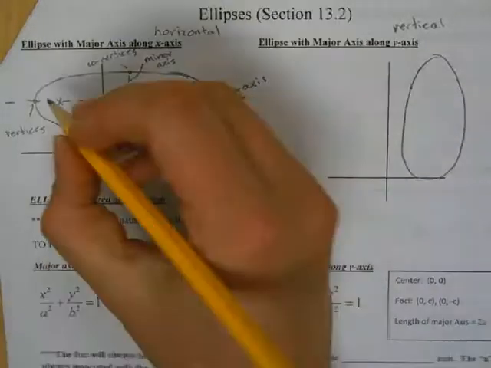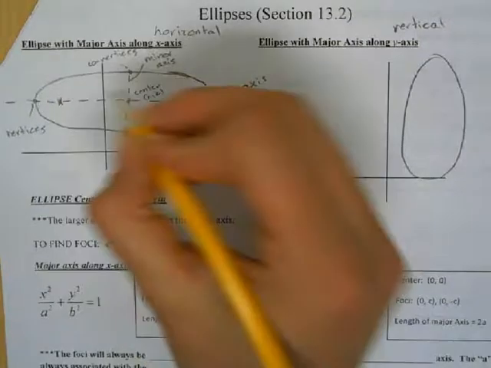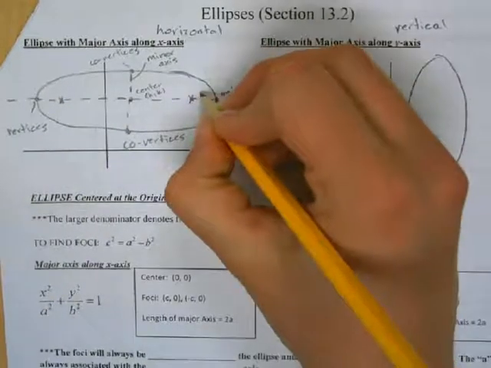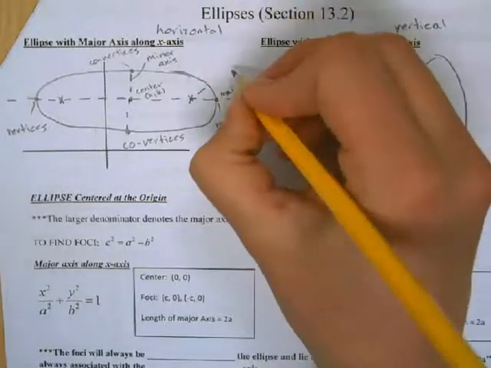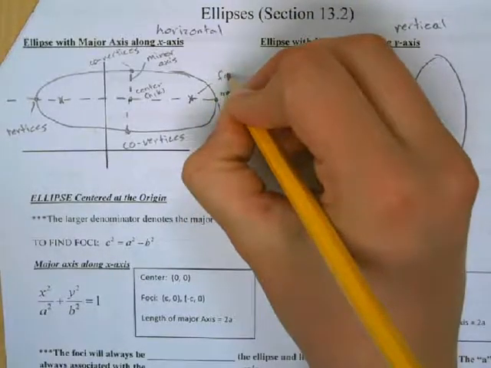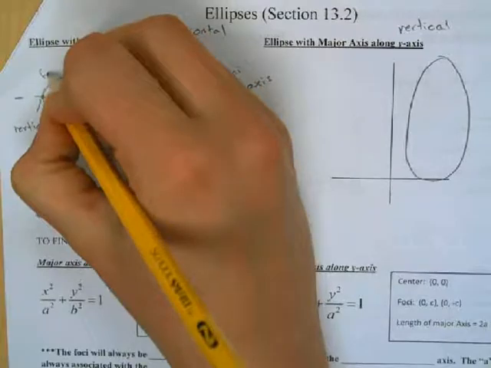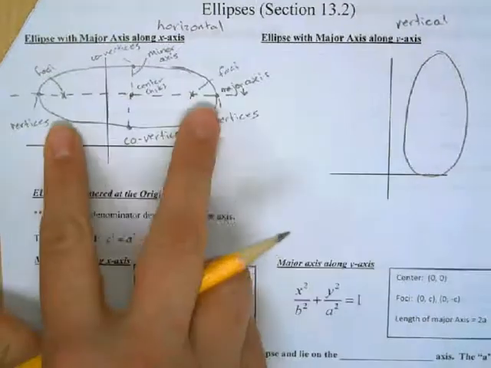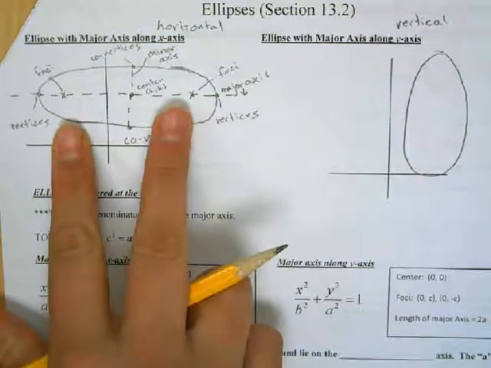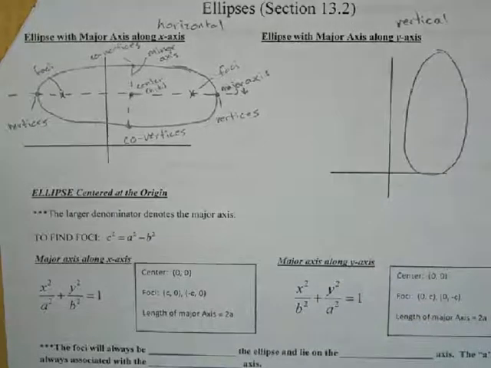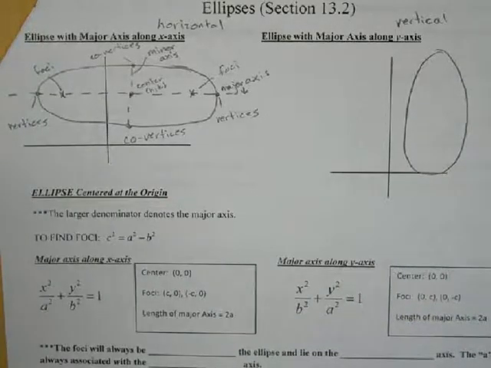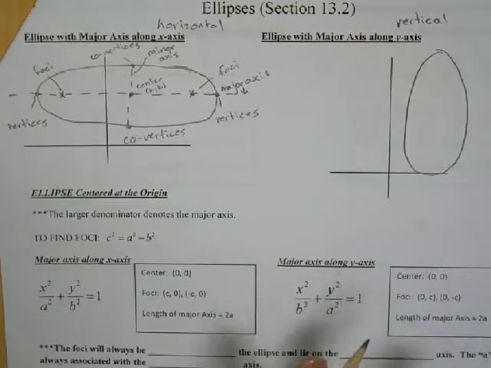But they are called the foci. One there and one there. So I've got my two foci. Those are all the pieces.